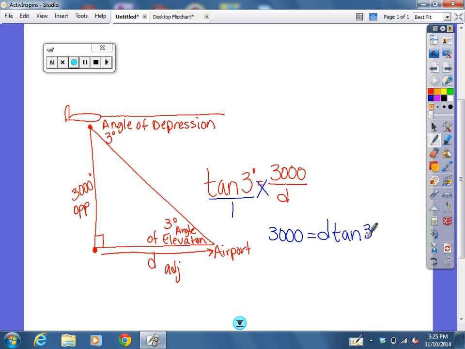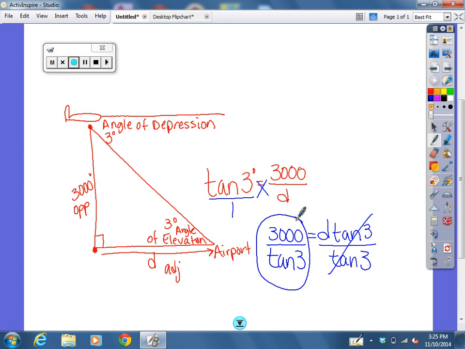Now I need to solve for that d, the distance. That d is connected to the tan of 3 by multiplication. The opposite of multiplication is division. So I can divide off tan of 3, and what I do to one side I have to do to the other.